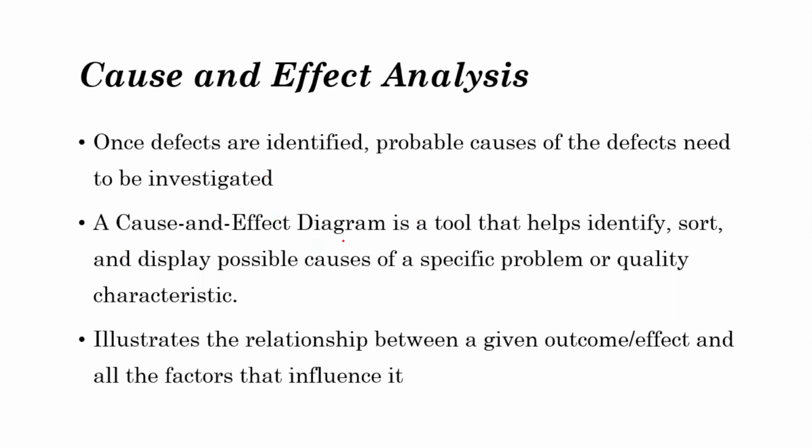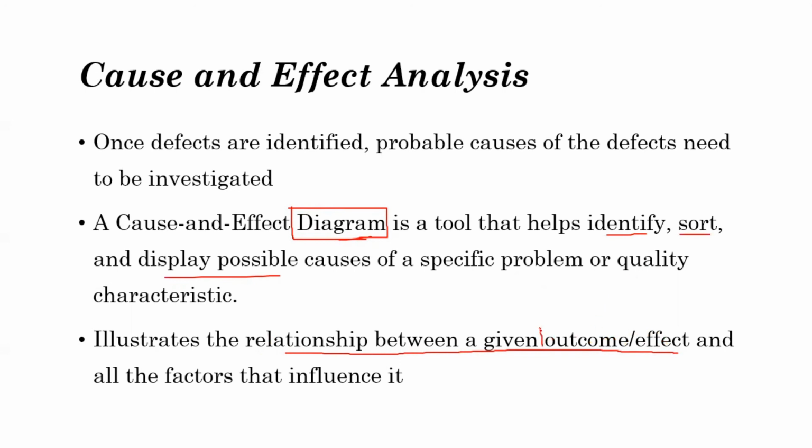So this diagram, or cause and effect diagram, is a tool that helps the quality manager or anyone who is interested to solve the problem to identify, sort, and display the various causes for the problem or for the challenge, or even for any quality characteristics. And when you develop this diagram, the diagram is a very clear illustration of the relationship between a given outcome or effect. Outcome or effect would be the problem or quality characteristics or the challenge.